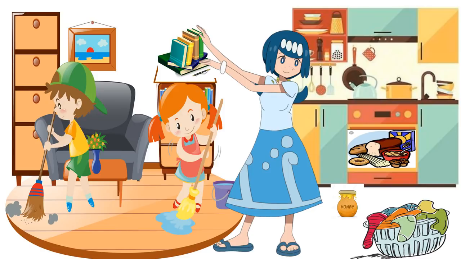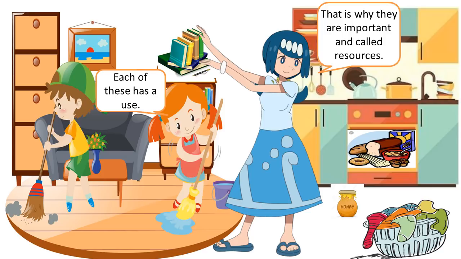Observe this picture. Here, Mona and Raju are helping their Amma to clean their house. Look at all these things: clothes, utensils, chair, table, the bottle of honey, books. Each of these has a use, said Mona. That is why they are very important and called resources, said Amma.